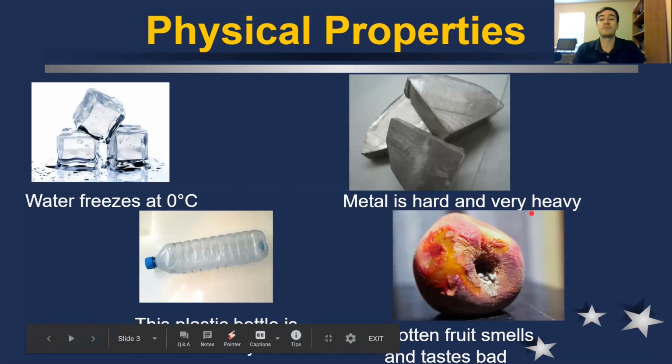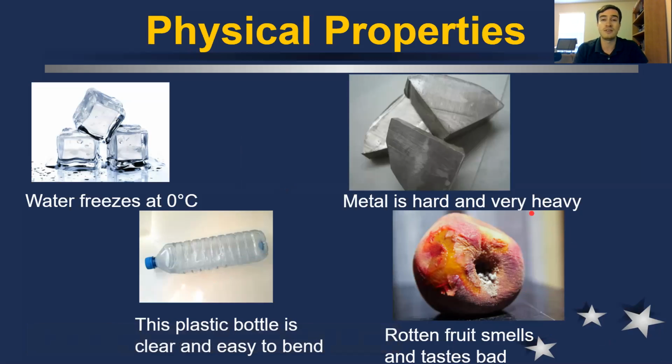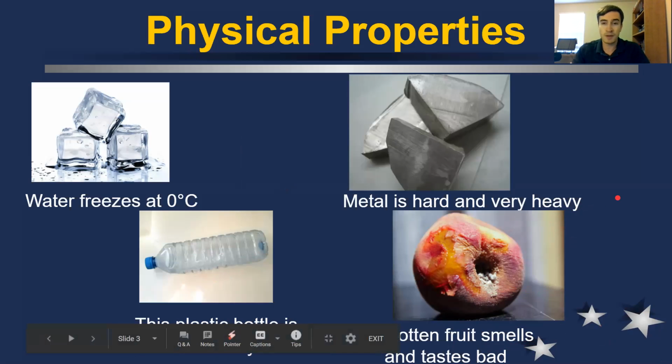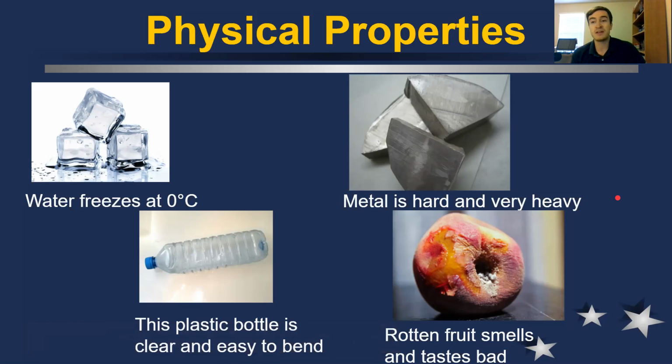And then if you have some fruit or some old nasty bread that's been sitting in the cupboard for too long, then it's gonna look nasty. It's gonna have this mold on it. It might be starting to turn green and black, and it'll smell bad and taste bad. Those are physical properties of rotten fruit.